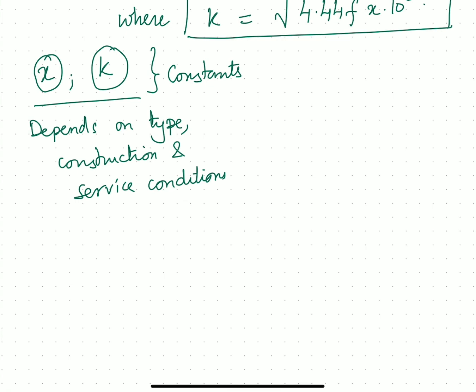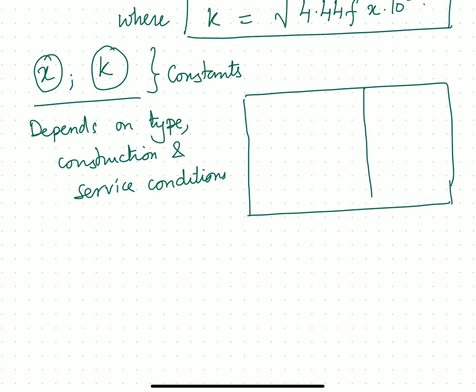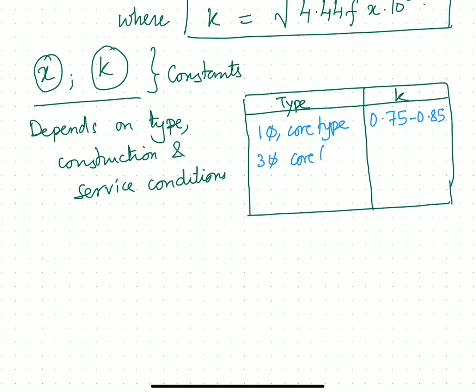So I have a little bit of information for you. If you have a single phase core type transformer, the value of this k ranges from 0.75 to 0.85. Three phase core and power transformer, this value is between 0.6 to 0.7.